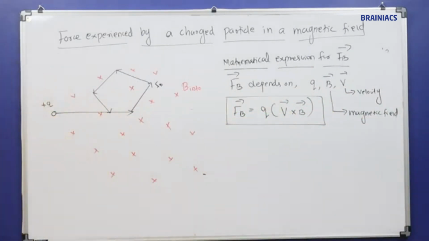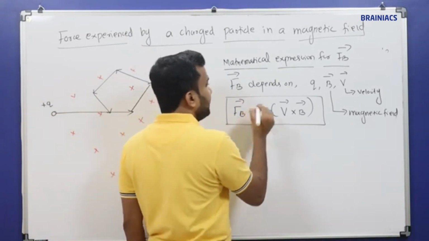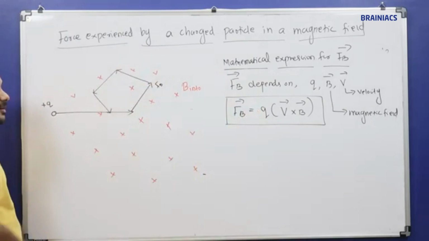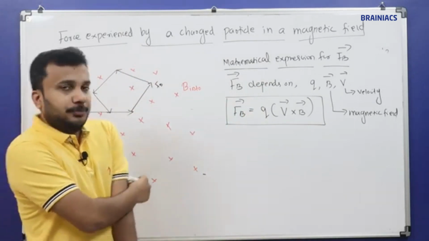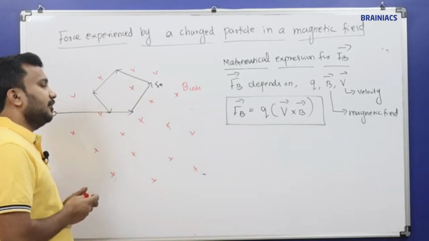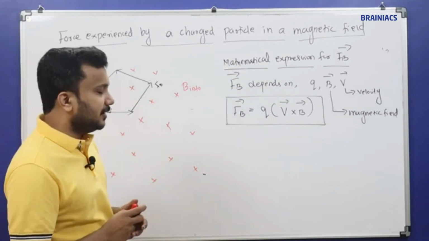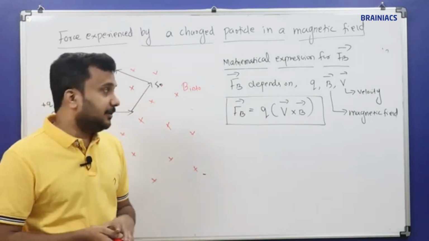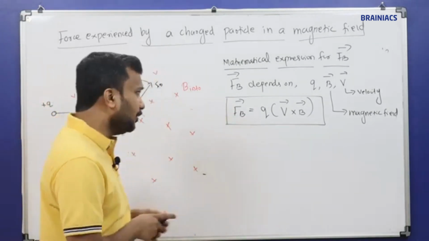So FB is equal to Q into V cross B, the expression for the magnetic force. Hope this is clear, and from this we are going to find out the direction of the magnetic force using which law? Fleming's left hand rule.